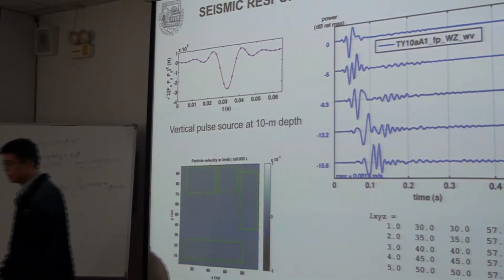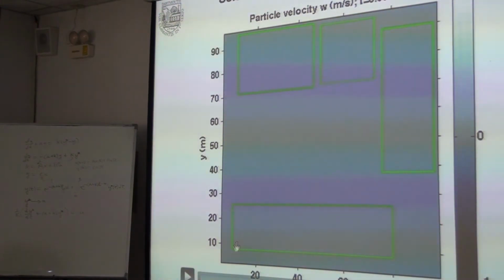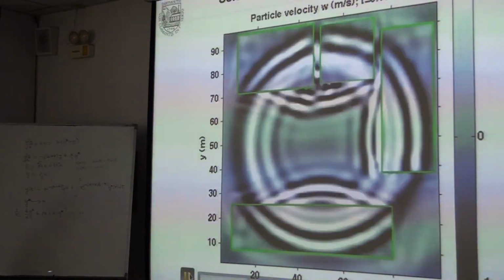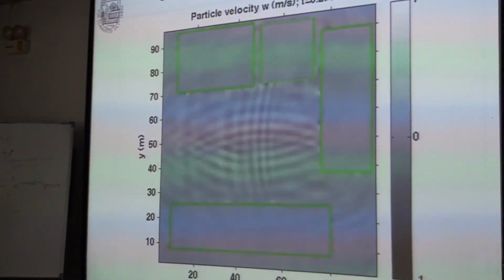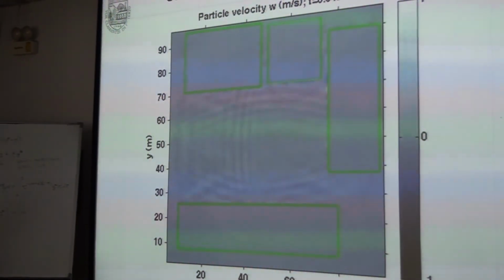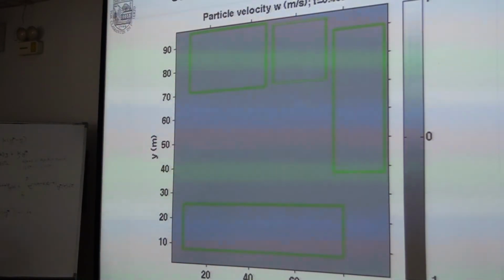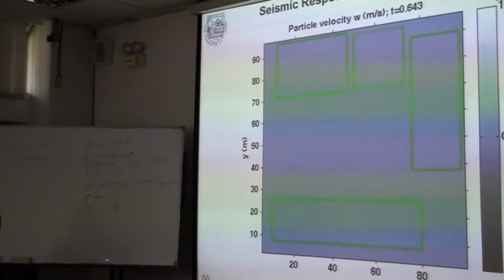And I'll show you a simulation of that. If there's an impact on the ground, you can see again how the signal is propagated underground. Okay, so that's the forward model. That's a typical model that you normally see.